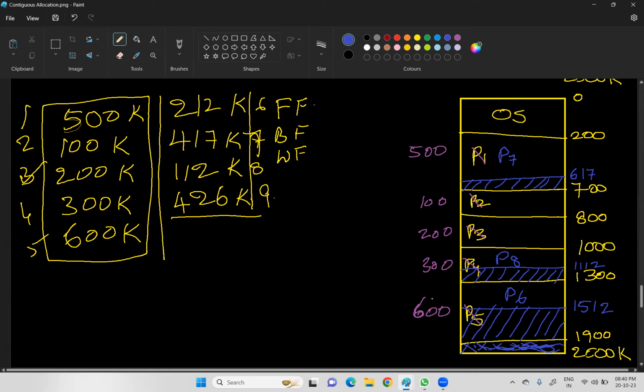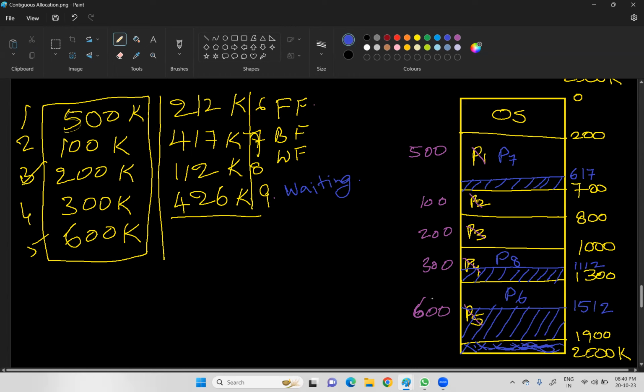Now, there is no proper space to be allocated for this particular ninth process. It is also in waiting state. So first fit and worst fit cannot allocate the process in a proper way. It is not done in a proper way.